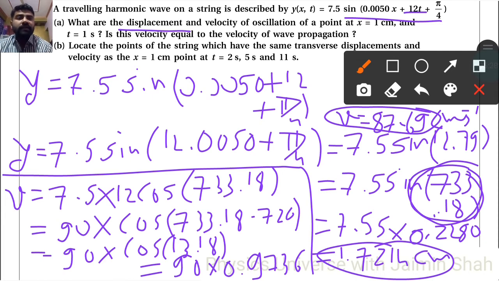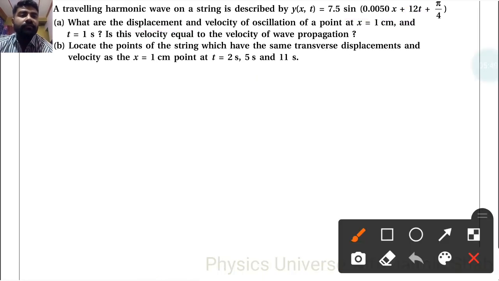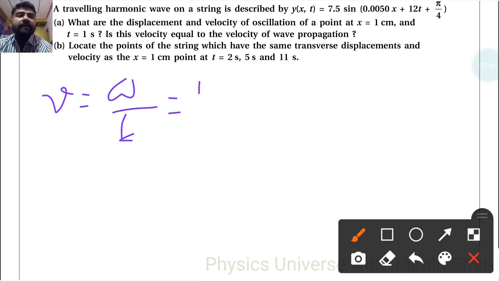Is this velocity equal to the velocity of wave propagation? Remember this term, 87.69. Now the wave propagation velocity formula is v = omega upon k. Omega is 12 and k, from this equation, is 0.0050.